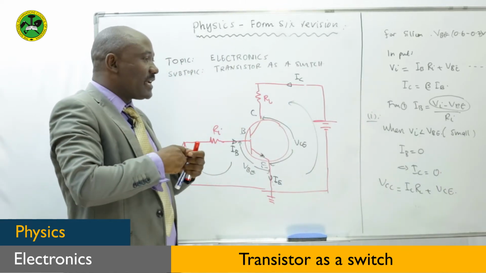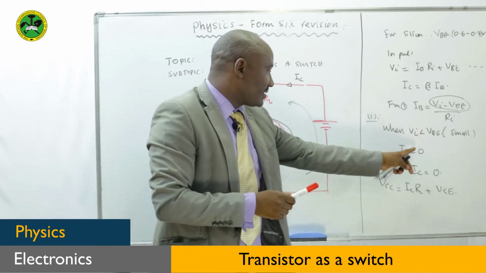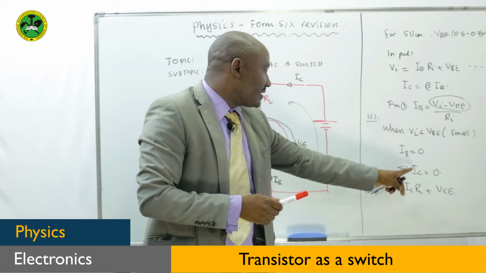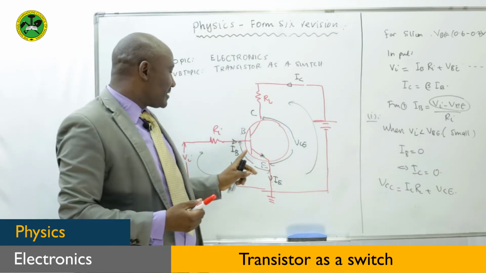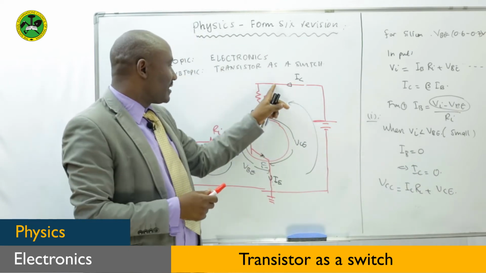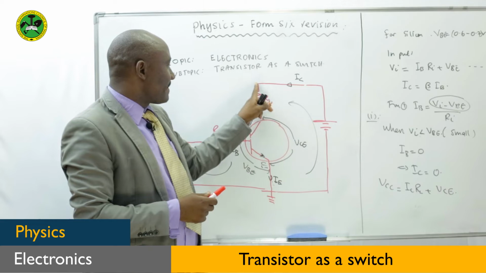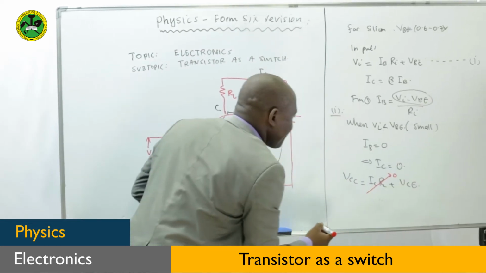So let's see now the implication of that. When the input is very low, so that it cannot produce any base current, automatically the collector current will be 0. The current across the load will be 0, and if this is 0, the whole of this term will be 0.